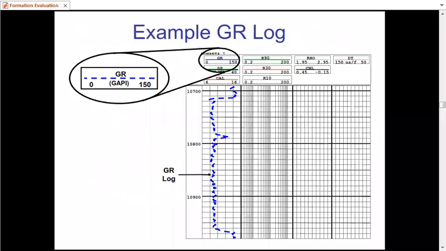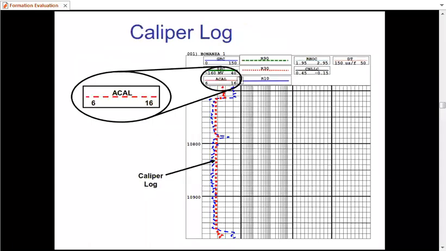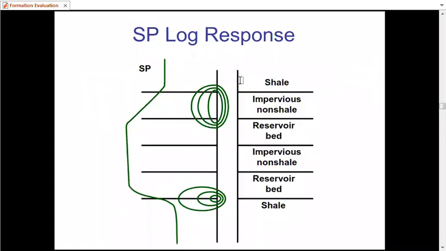This picture is an example of a gamma ray log. When we talk about gamma ray, we are talking about the shale formation and the hydrocarbon formation. Also, we talked about a caliper log example, showing the borehole diameter and the condition of the borehole.